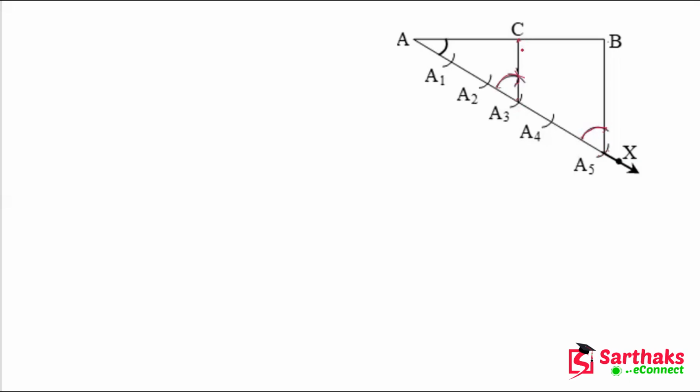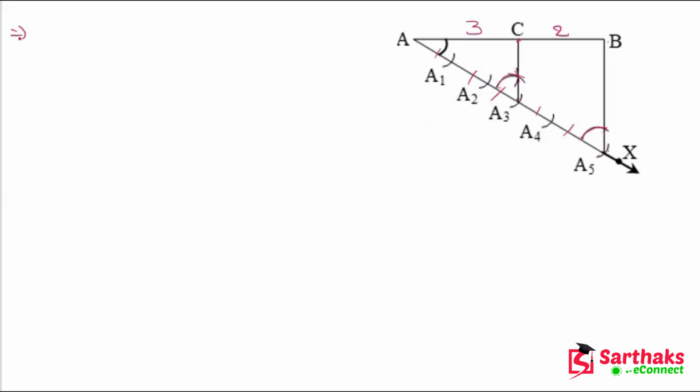My dear friend, after this, line AB is divided in the ratio 3:2, because there are 3 cuts, 1 2 3, and after C there are 2 cuts, so this is 3:2. My dear friends, I hope you understand these things.